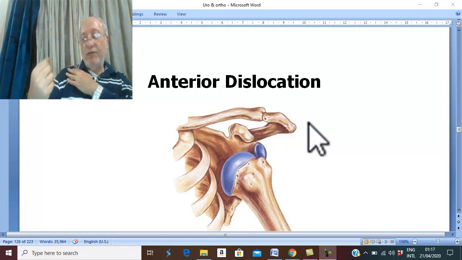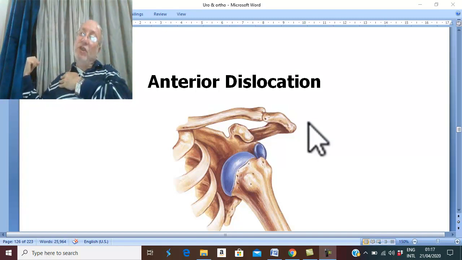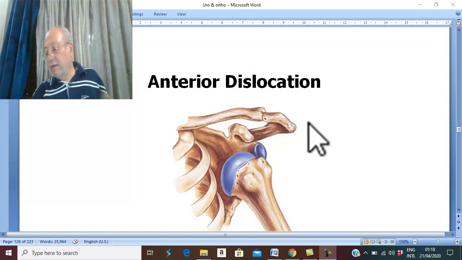Forcible extension of shoulder and external rotation of abducted arm, like this.